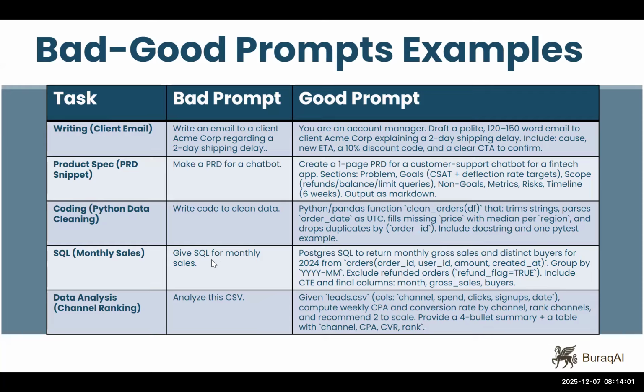As I was talking about SQL, right? Give SQL for monthly sales. So what database, what tables, what monthly sales, by month, what is the date, what are the columns. All of that you have to provide. Of course, like I was talking about Databricks, the most popular use case in enterprise is text to SQL, which means you can type a prompt.